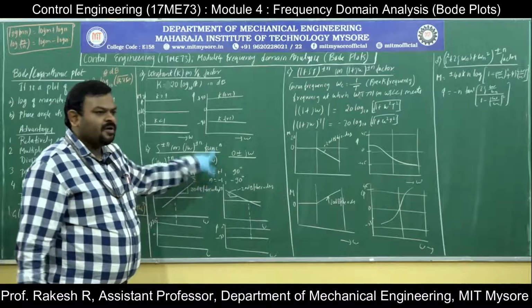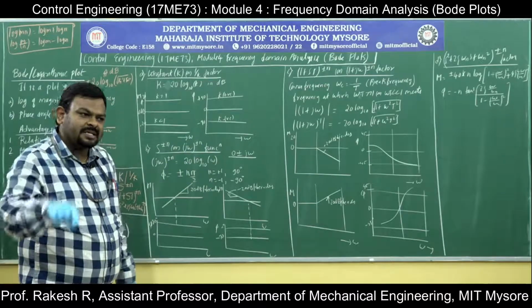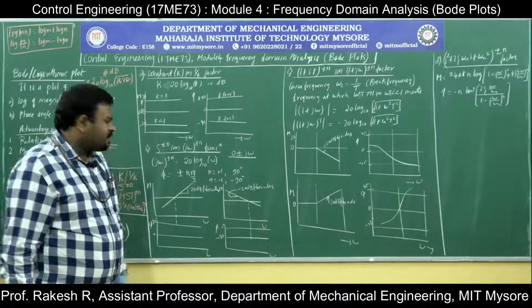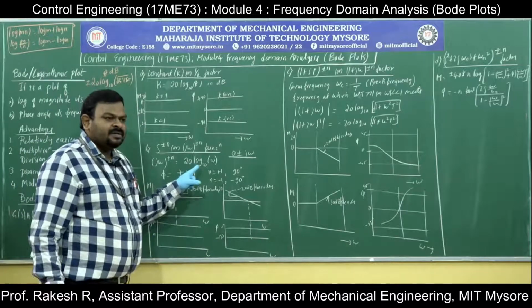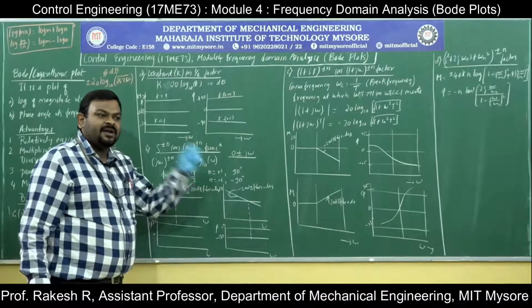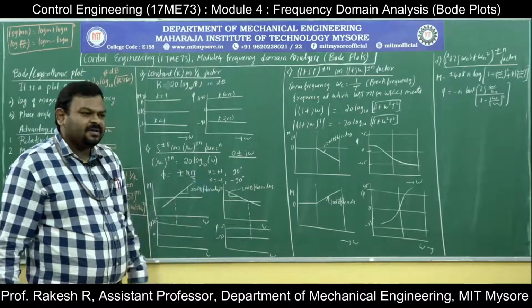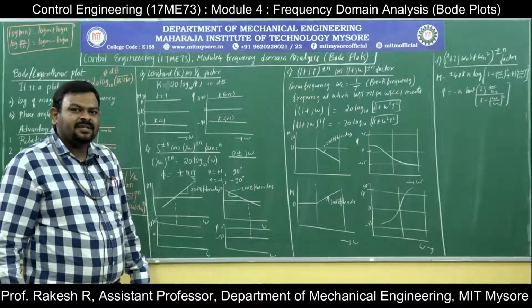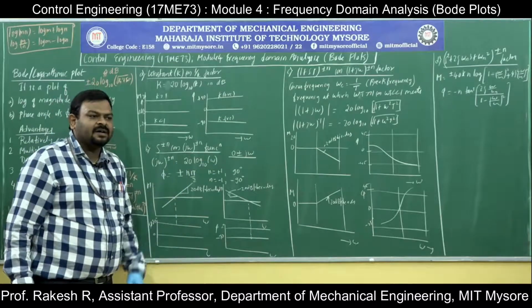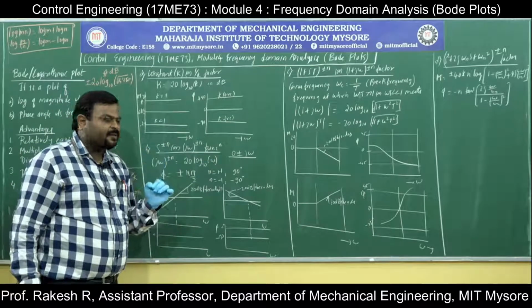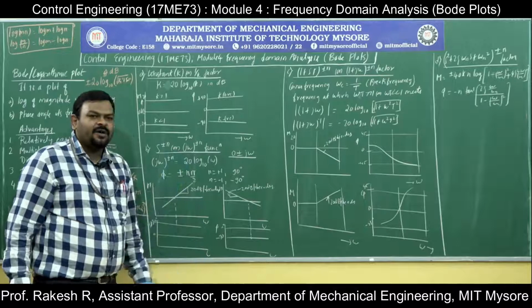If it is negative, then again it is minus 20 log 10 of omega. If s has nth power, plus n times 20 log 10 of omega; if negative, minus 20 log 10 of omega.